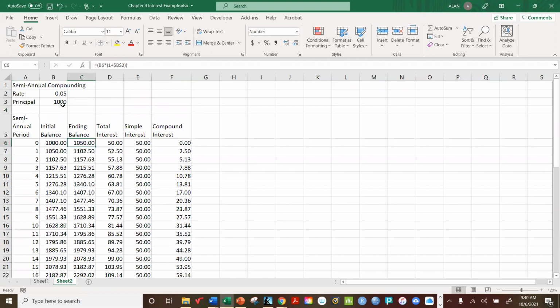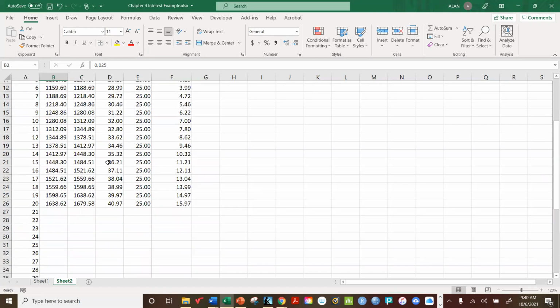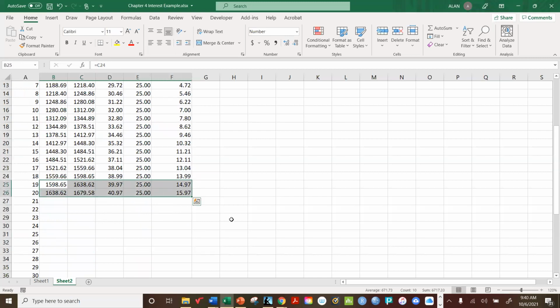Now, the only thing I have to change here, as it turns out, is the rate. Okay, 2.5%, which is expressed here as 0.025. And so, of course, it would help if I copy the formulas.